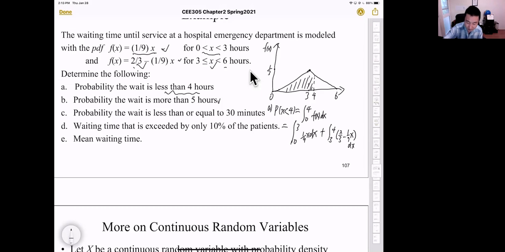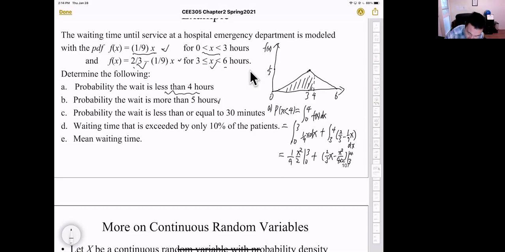So this will become a pure math question. We do the integration. So x squared over 18, from 0 to 3. And then the second part will become 2x over 3 minus x squared over 18, for 3 to 4.